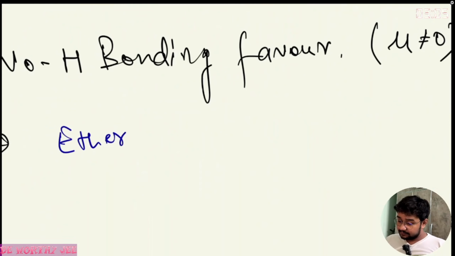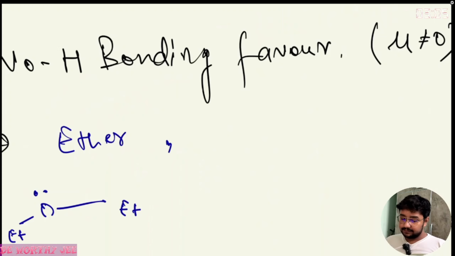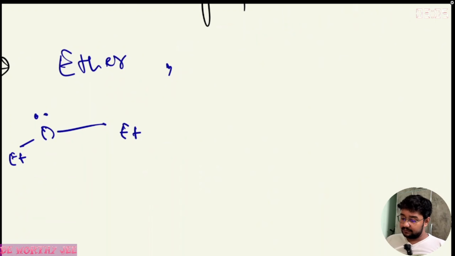And ether, such as, if we draw the figure of ether, Et, O, Et. Does this have polarity? Yes, it has polarity. But what is this? Polar aprotic solvent, or we can say PAS in short form.